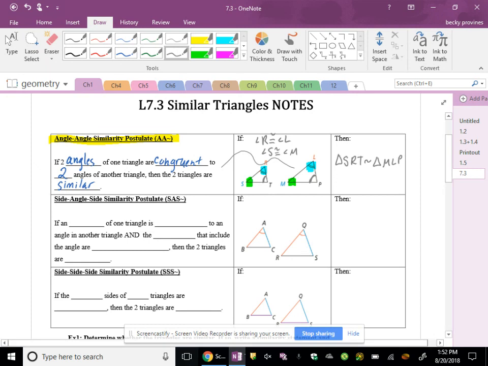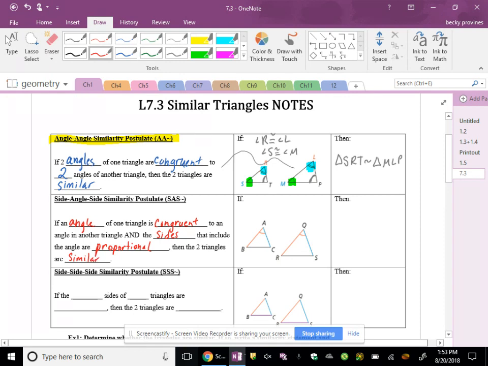If an angle of one triangle is congruent to an angle of another triangle, and the sides that include the angle are proportional, then the 2 triangles are similar.